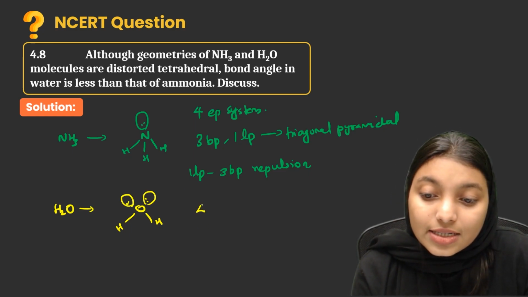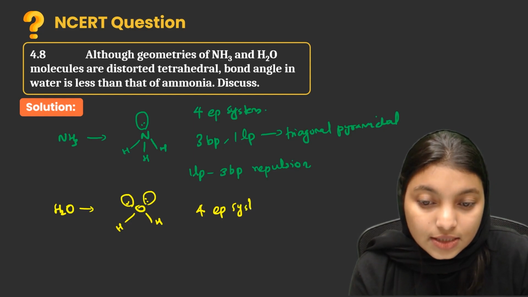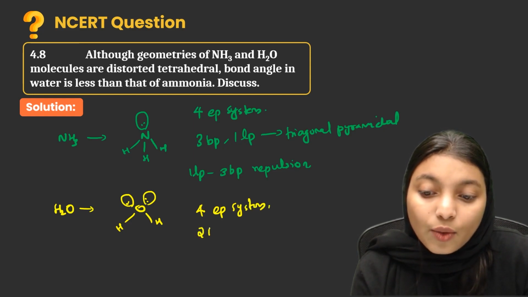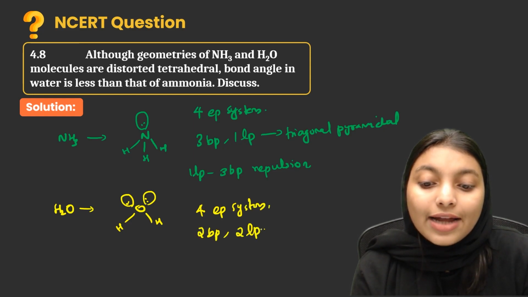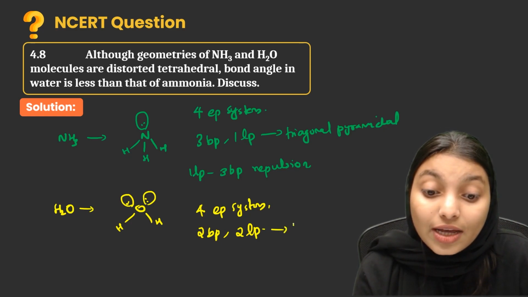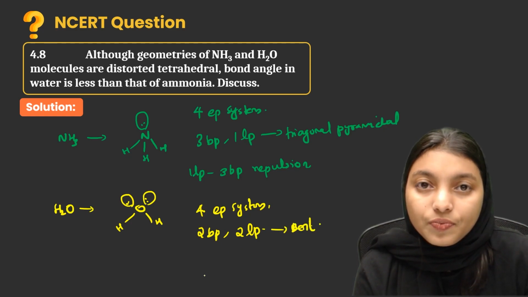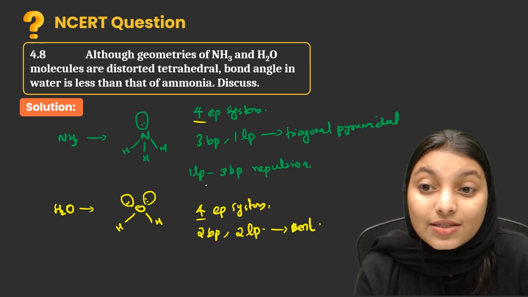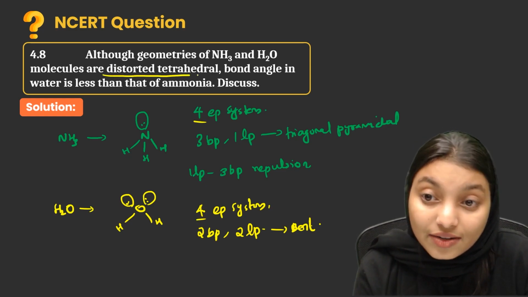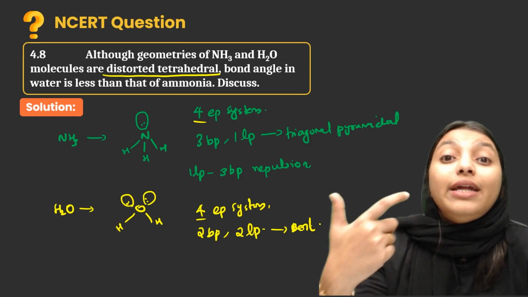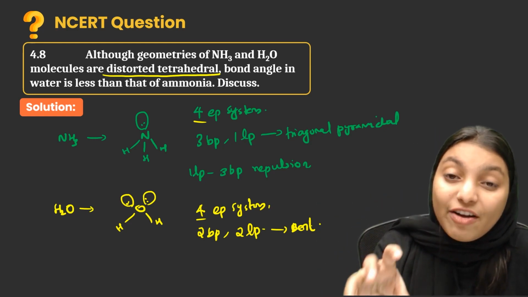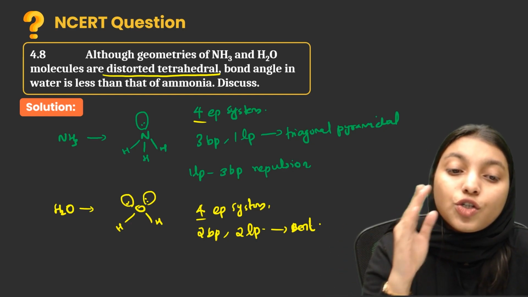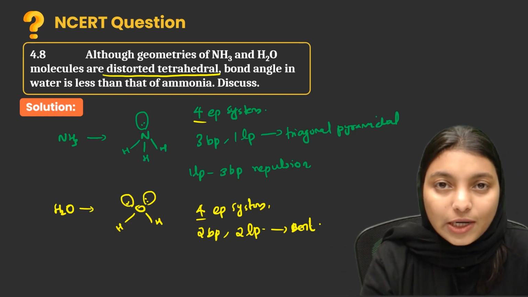So, again, it is a 4 electron pair system, but among that, we have 2 bond pairs and 2 lone pairs. That is why they got the shape bent. Since all of them have a 4 electron pair system, we can say they are distorted tetrahedral structures. That was supposed to be tetrahedral, but since they have lone pairs, their shapes changed to trigonal pyramidal and bent respectively.